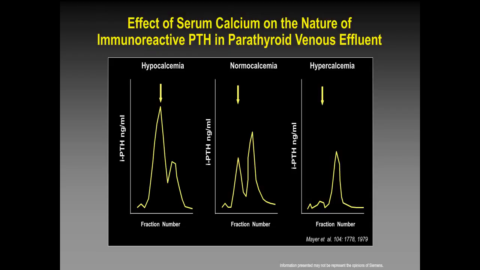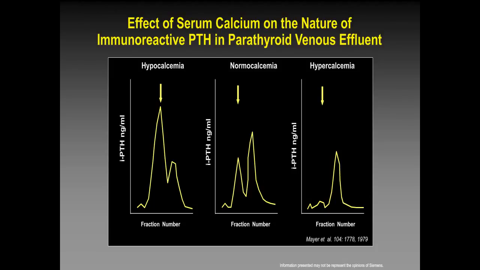If calcium is low, in the left-hand panel, there's much more intact PTH than fragment. And conversely, if serum calcium is high, there's very little intact PTH, and all of the PTH peptides that are secreted from the gland are actually inactive fragments.